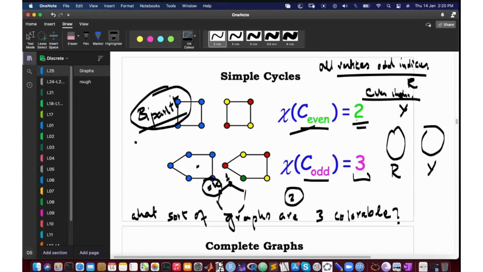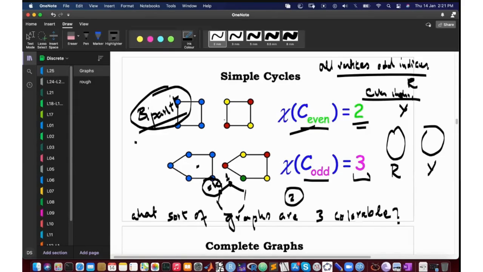You give me a graph, I'll try to figure out whether it is bipartite or not. I can do it simply by this coloring procedure: I start at an arbitrary vertex, give it a color, give its neighbors a different color, and their neighbors a different color, and continue until either I color the graph with two colors, or I reach a vertex which can't be colored either yellow or red. So two colorable graphs are absolutely characterizable. I can very easily find out whether a graph is two colorable or not.